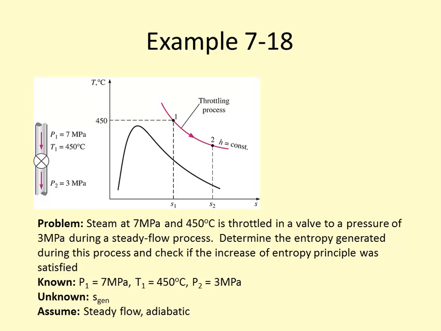So S dot gen is equal to S dot out minus S dot in, which is equal to M dot times S out minus S in, where these are now lowercase entropy values. We're not given the mass flow rate in this problem, so we can divide through by the mass flow rate, and we get a lowercase S gen is just equal to S out minus S in.